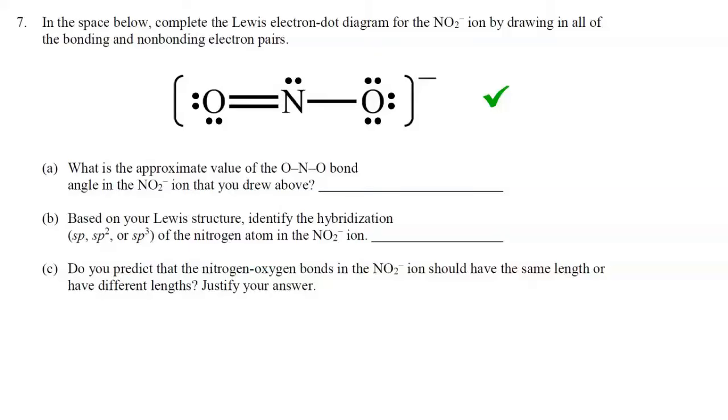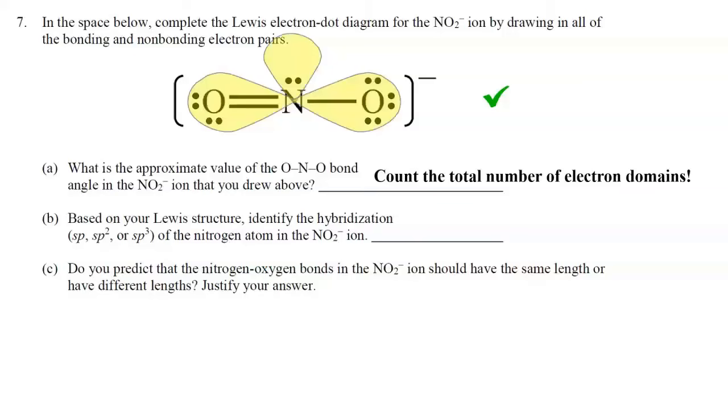Part A. What is the approximate value of the ONO bond angle in this particular ion? So we're going to do the same thing we did in question 6, which is to count the total number of electron domains. So for this central atom, a bonding domain can be a single, double, or triple bond. So we have 2 bonding domains, but then we also have a lone pair or a non-bonding domain.